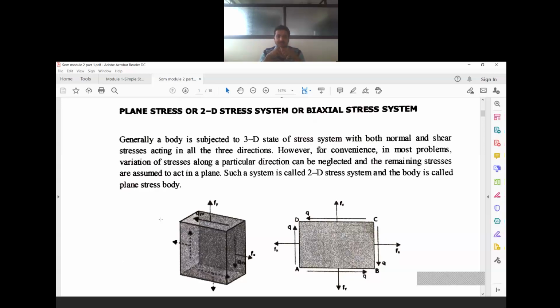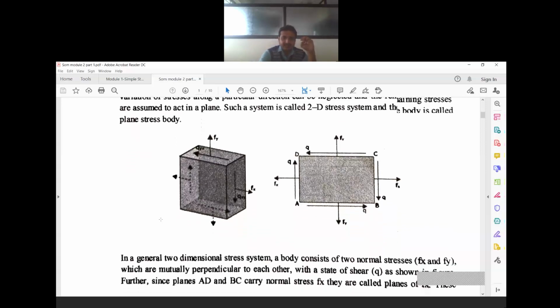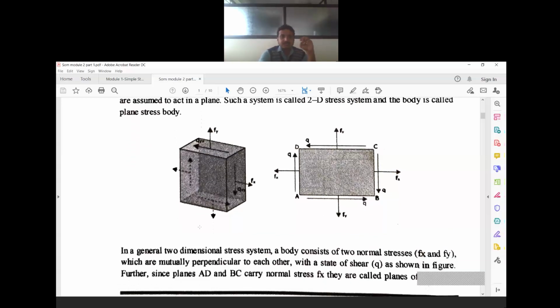Such a system is called a 2D stress system, and the body is called a plane stress body. In the second diagram you should observe we have considered only one plane in a 3D object, the same thing I explained earlier.